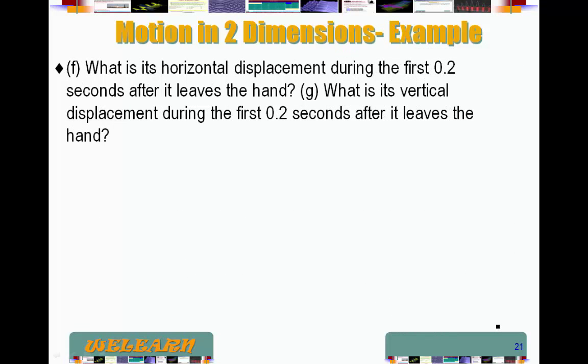Okay, let's go on. What is the horizontal displacement during the first 0.2 seconds after it leaves the hand?